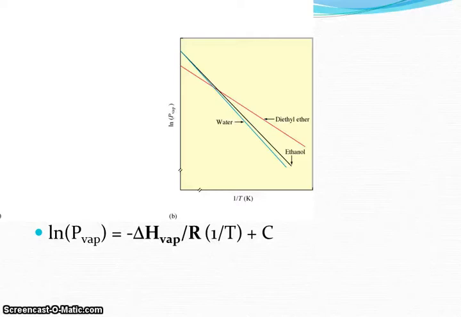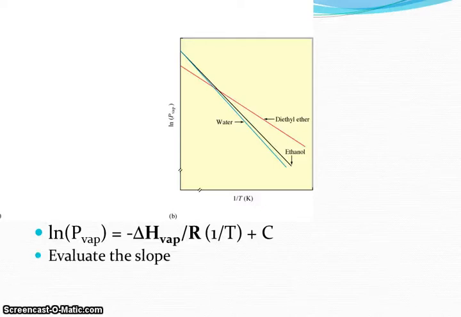The delta H of vaporization, or the enthalpy of vaporization, is the energy that's required for us to change 1 mole of a liquid to a gas, or to vaporize it. And we're going to divide it by our gas law constant. Now notice that we've got a negative sign in front of that value, and that's because our slopes are negative slopes.